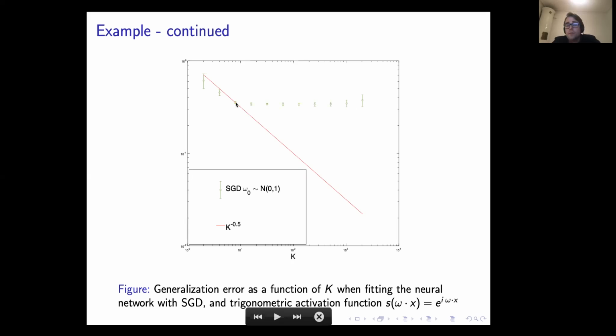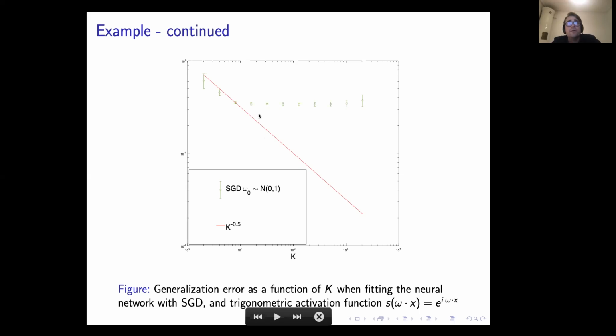Now, of course, where you see the flattening might depend on how you initialize the stochastic gradient descent, exactly how you pick the step size, etc. But this is the result of an honest attempt to fit the network. It's not just picked so that it would produce a nice picture.